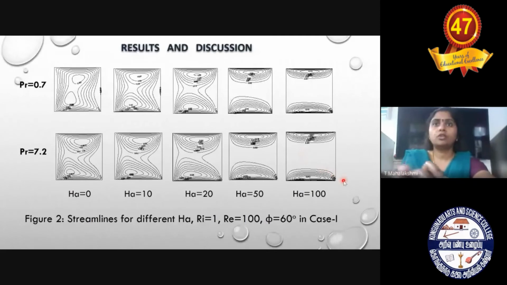So these streamline graphs clearly represent that the motion of the fluid is completely suppressed by increasing the Hartmann number. Hartmann number is the non-dimensional parameter which represents that we are considering the magnetic field effect.